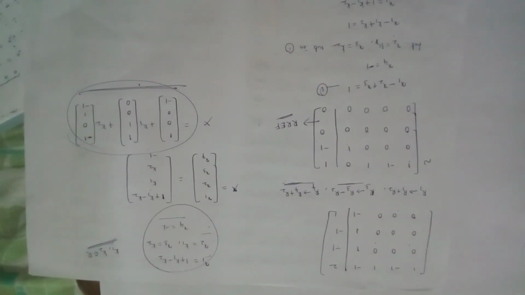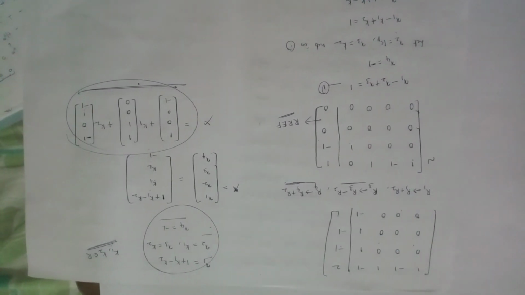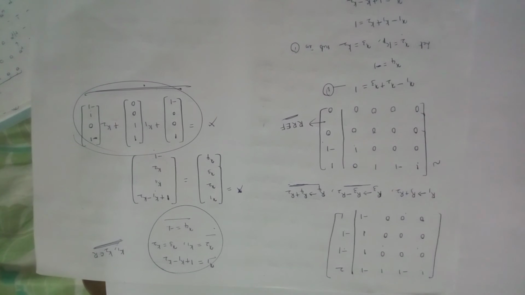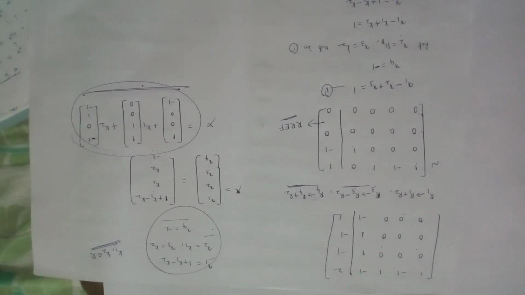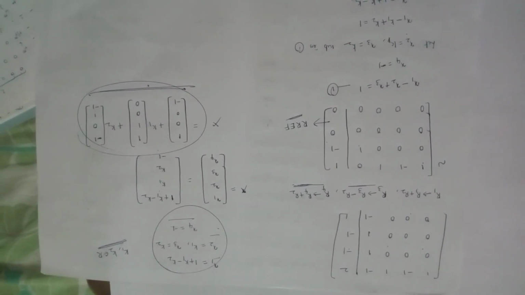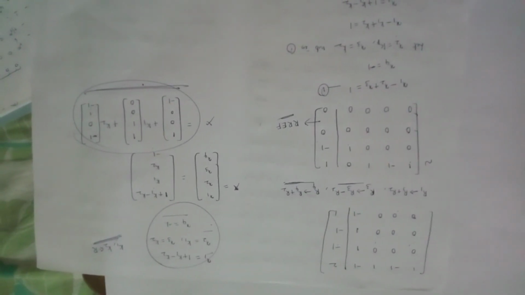So x1 is equal to 1 plus k1 minus k2. So we have the values here. x1 is equal to 1 plus k1 minus k2, and x2 is equal to k1, x3 is equal to k2, x4 is equal to minus 1. So here k1 comma k2 belong to R. k1 comma k2 are real numbers. So the system has infinite solutions.